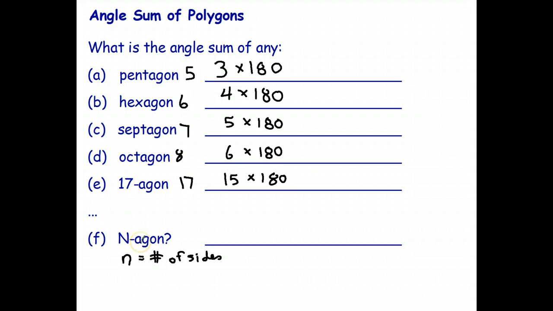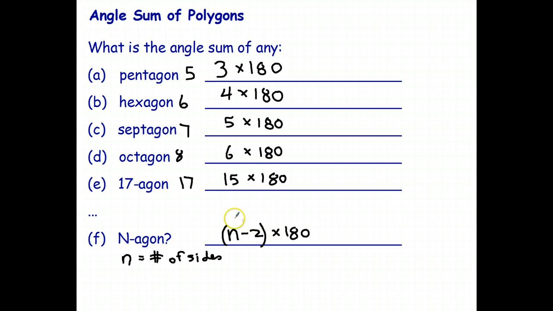But let's go ahead and work out the algebraic equation for it. So n is the number of sides. The rule basically is I have to take the number of sides, subtract 2, and then all of that, so I need brackets, all of that is multiplied by 180. So there's our rule just there.